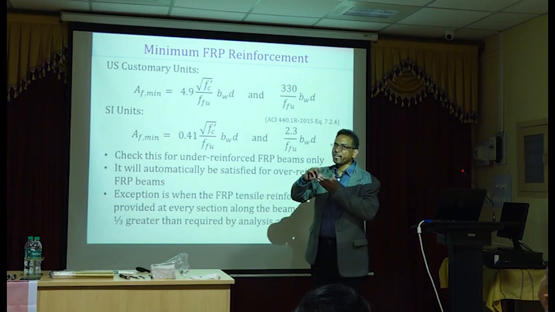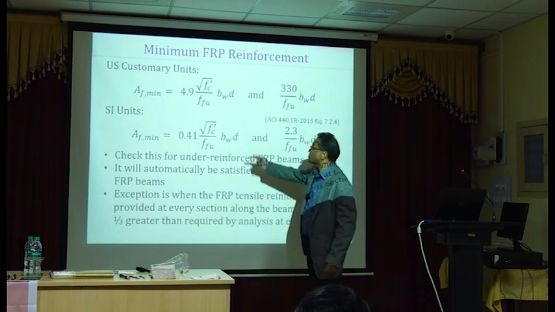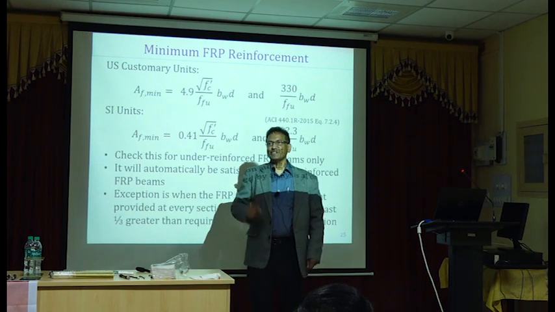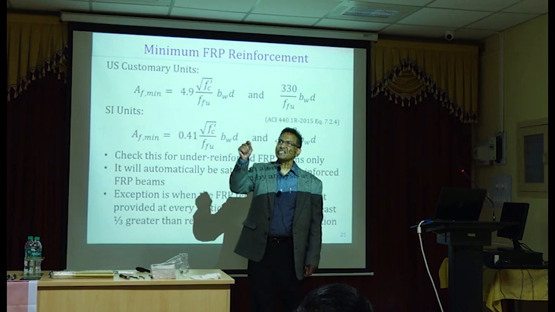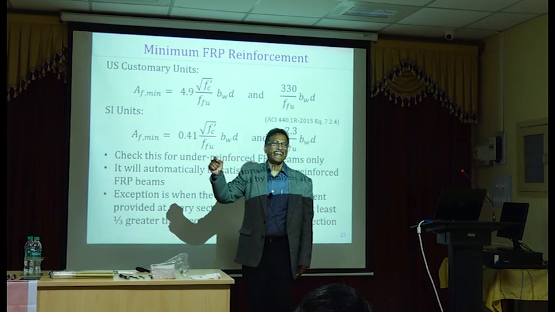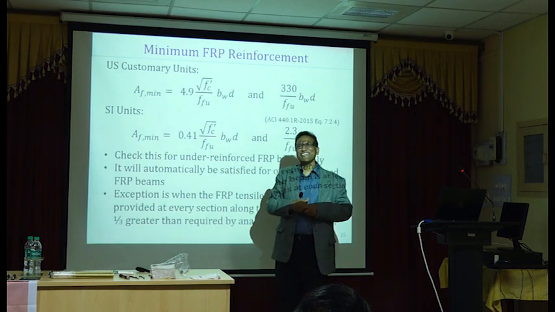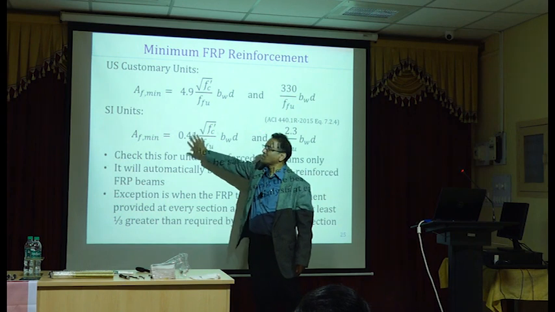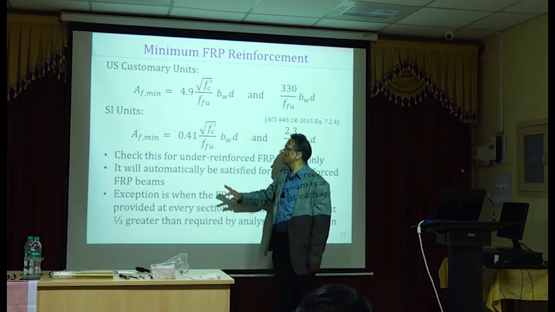Many equations in ACI have a square root of F prime C term, and they assume that is stress units. Can anybody explain that? You cannot, because that's the way it has been. So don't worry about it. Just plug in MPa units here. Don't try to match the units.